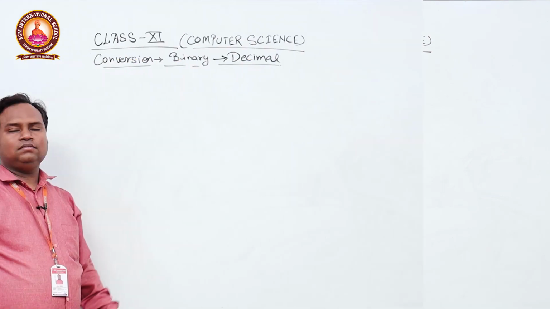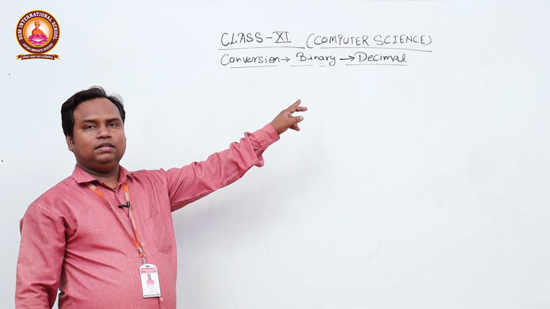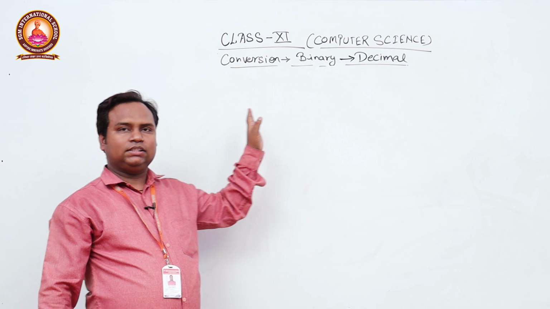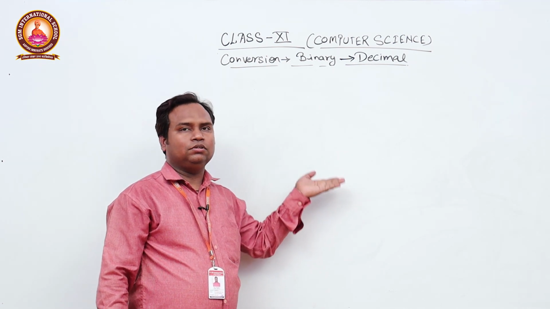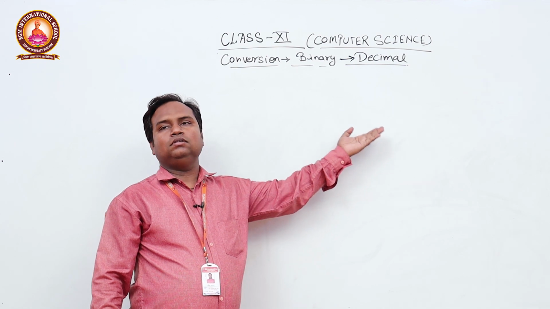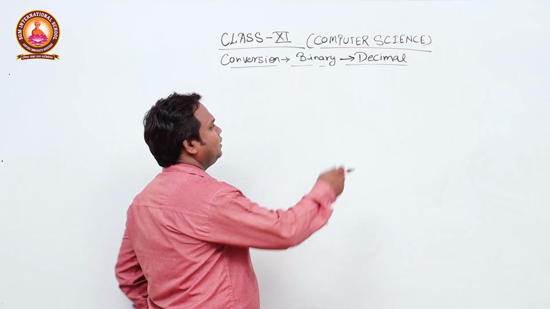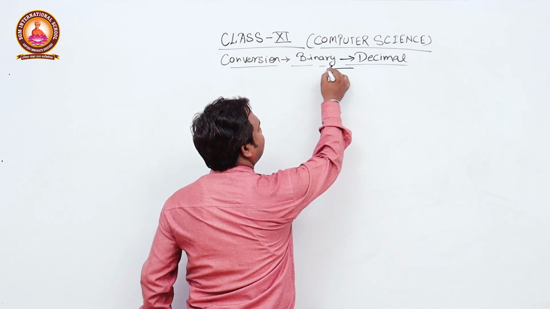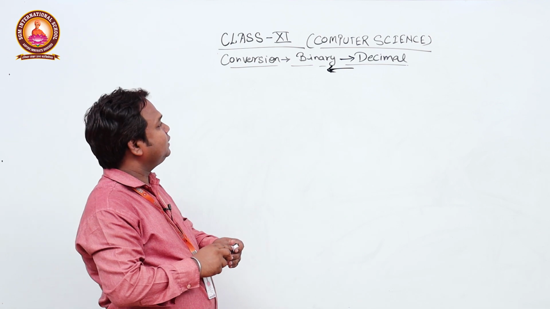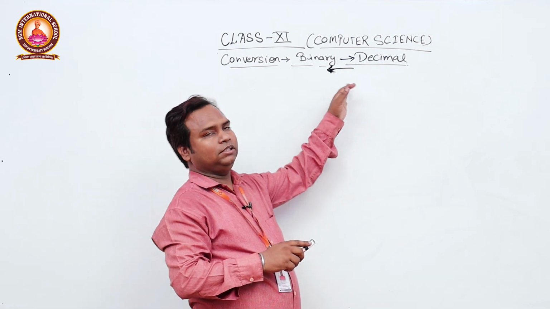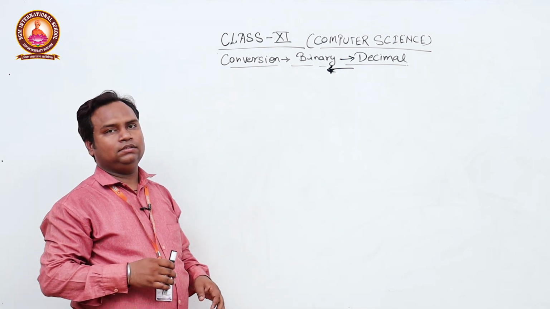Okay? Already we have discussed binary to decimal. We have got all the rules that are used to convert binary to decimal. Next, we have to convert decimal to binary, means vice versa.